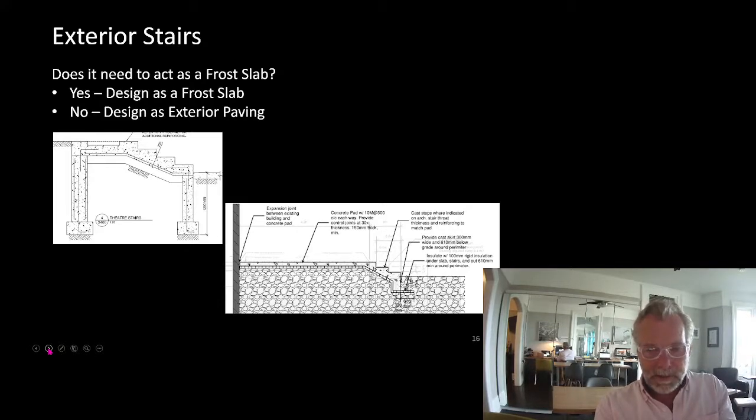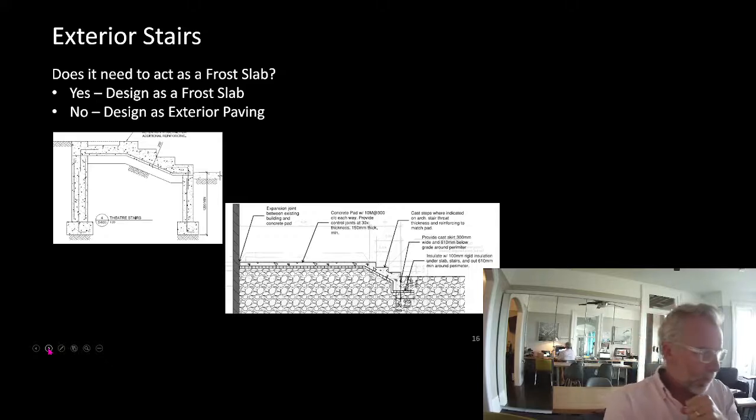So if it needs to be a frost slab with a void under it, then it would be considered to be structural scope. If not, it's really just paving, and we can just follow the profile and treat it like a slab on grade, a paving slab on grade.